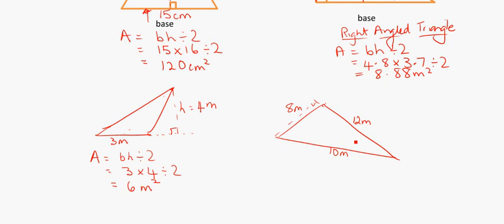Now you have to use, because you've got this height, it's onto this base. That side isn't used at all. So the area is base times height divided by 2, which is 12 times 8 divided by 2, which is 48 meters squared.